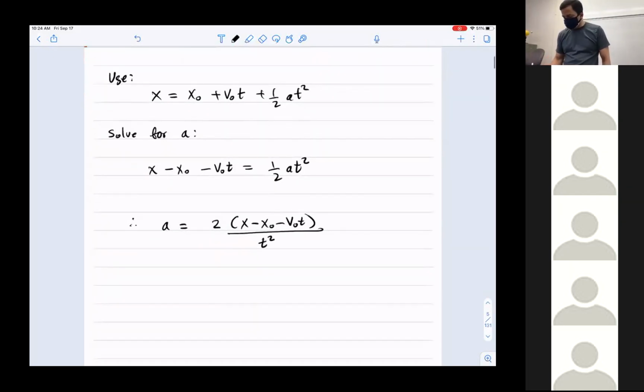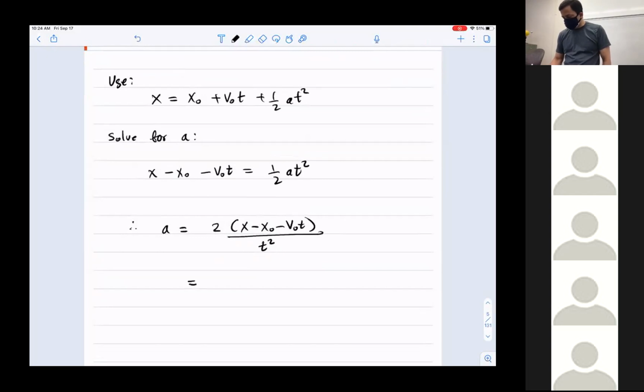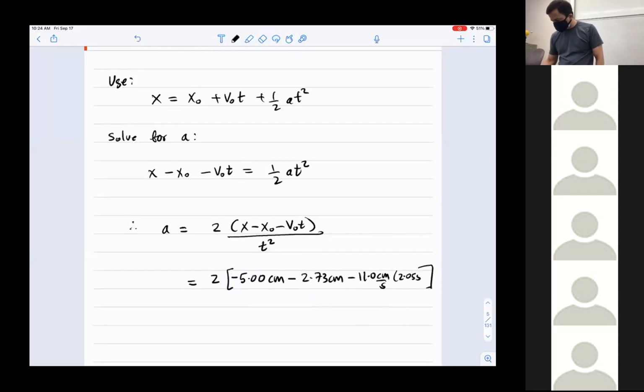So now that you have this, you can now go ahead and plug in numbers. This is 2 times [minus 5 centimeters minus 2.73 centimeters minus 11 centimeters per second times 2.05 seconds]. Let me make this a square bracket here. And then we are dividing all of that by 2.05 seconds, the whole thing squared.